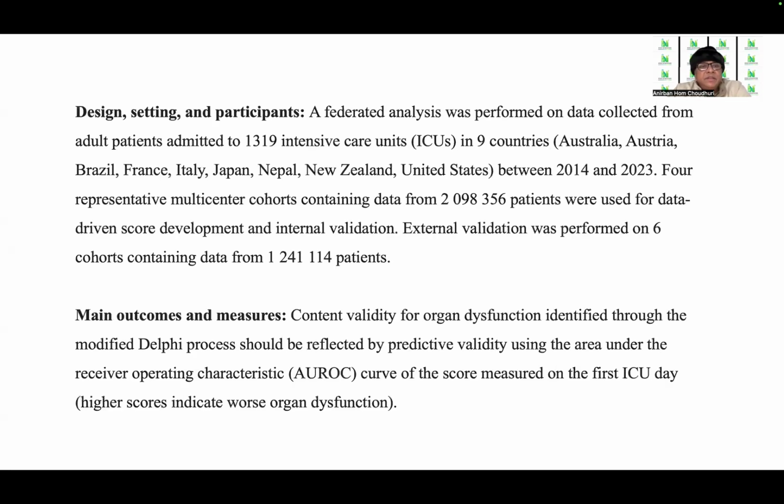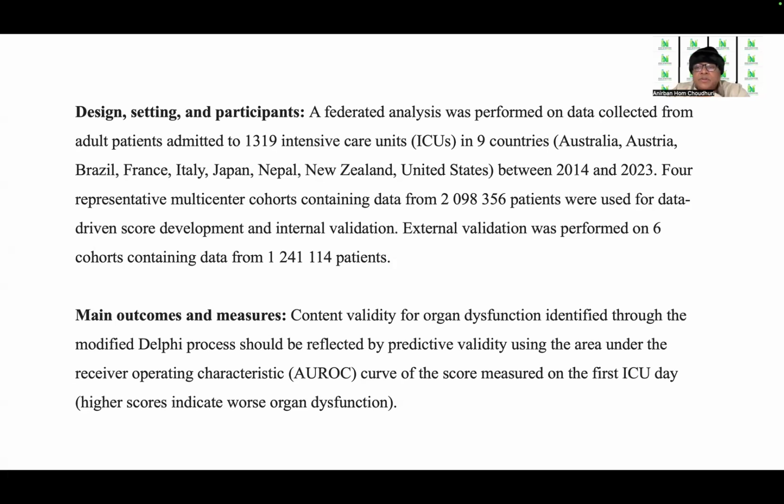And if we look into the publication, we find that this was performed on data which was collected from adult patients in 1319 intensive care units across 9 countries, which was a huge data set spanning Australia, Brazil, France, Italy, Japan, Nepal, New Zealand, and the United States, although it doesn't mention India.